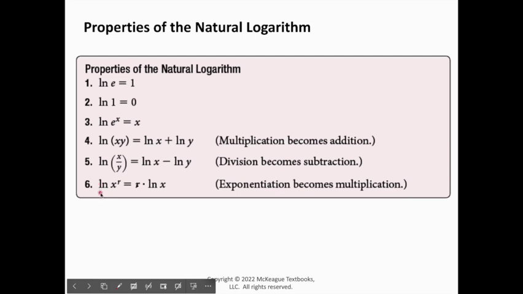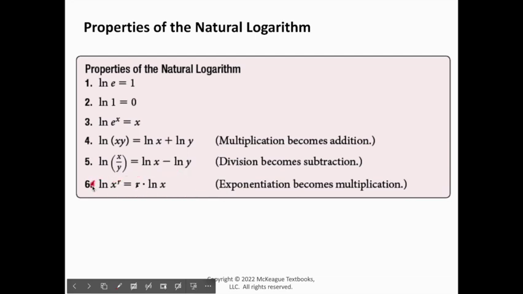This seems a little bit weird, but don't forget that logarithms are exponents, and so this is just a variation of an exponent rule. If you're interested in seeing the proof for that, let me know and I can show you any of the proofs for property 4, 5, and 6. All of those stem from exponent rules.